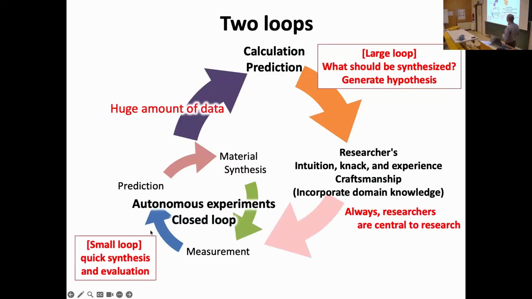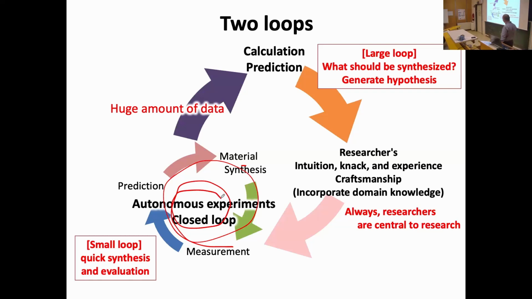The direction of this research can be divided into two. First, I talked about the autonomous experiments. This is called the closed loop. The prediction is done, material synthesis is done, and then measurement is done. So this cycles very fast.